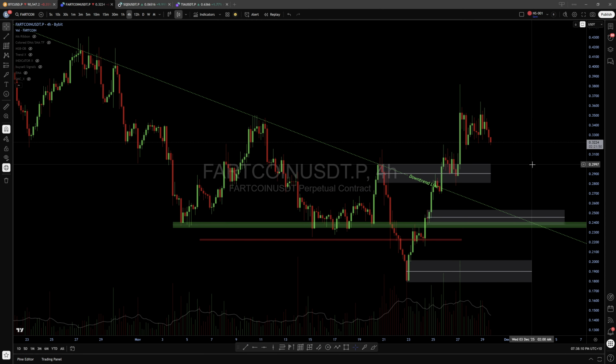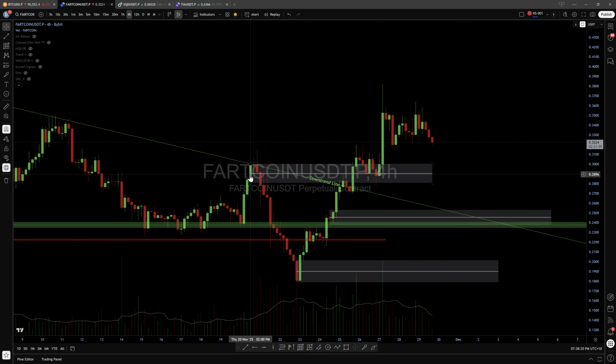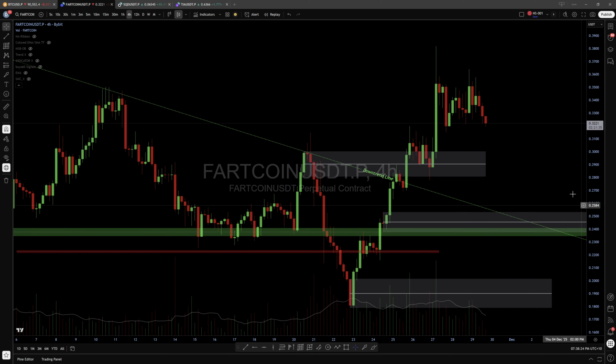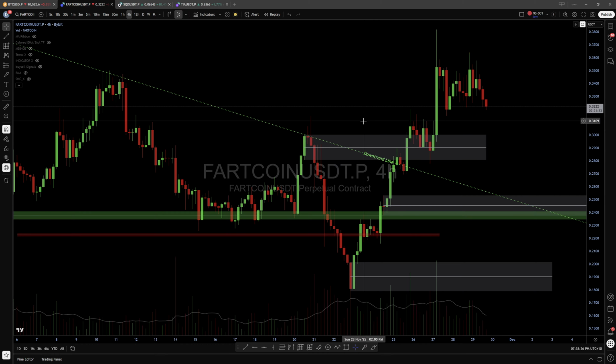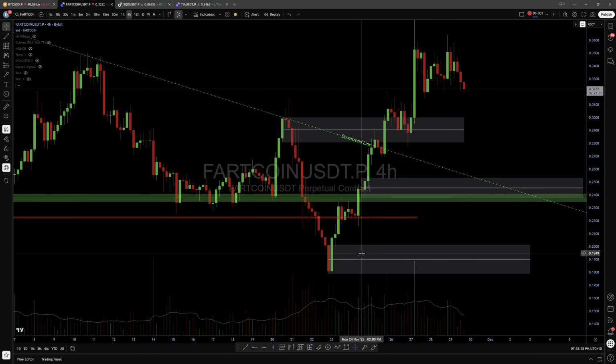So that looked good. And what I find sometimes is you get a retest that comes back down and tests the trend line, but other times, instead of testing the trend line, it'll test a horizontal. In this case, it was an order block. And believe it or not, this was a very bullish sign, because I would have expected price to come back down, reject here and come back down to this and test it.